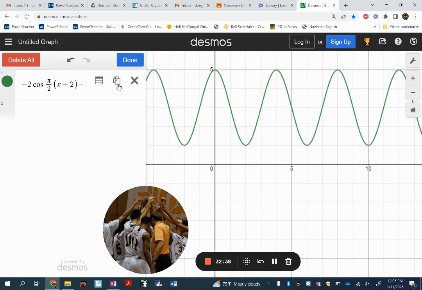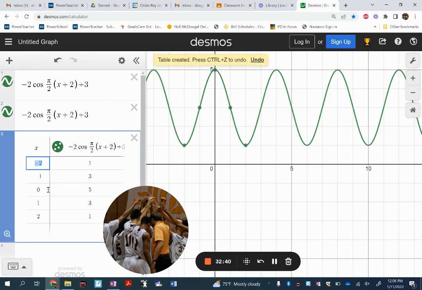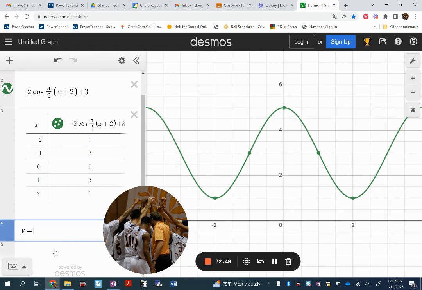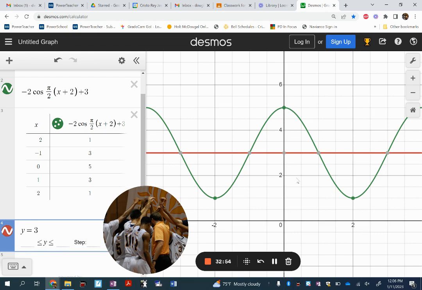And then we should be good to make our table of negative 2. Oh, look at that. It's already there. Boom. We can zoom on up if you want. Okay. So notice, you don't have to put this, but if you put that y equals 3, that's that midline. The amplitude is going to be 2 units, right? The absolute value of negative 2 is 2. My first point is down here, and here are my 5 points to plot.